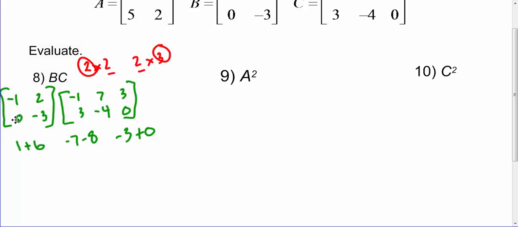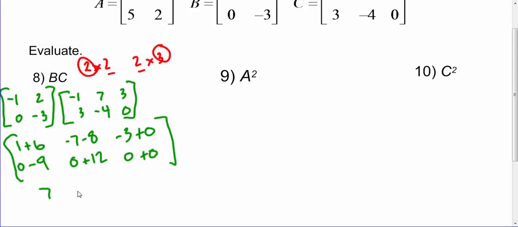All right, let's take a look. We've gone through every column in the second matrix, so let's go to row 2. 0 times negative 1 plus negative 3 times 3. 0 times 7 plus negative 3 times negative 4. And then 0 times 3 plus negative 3 times 0.